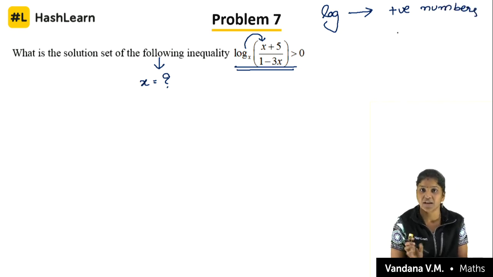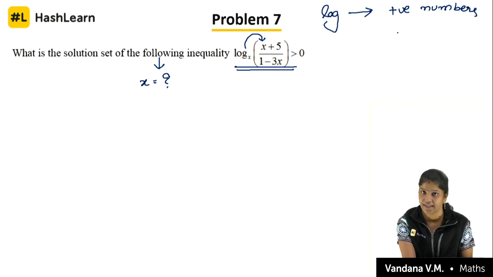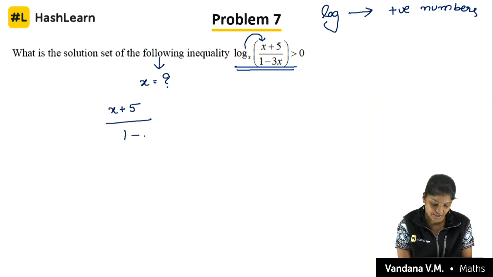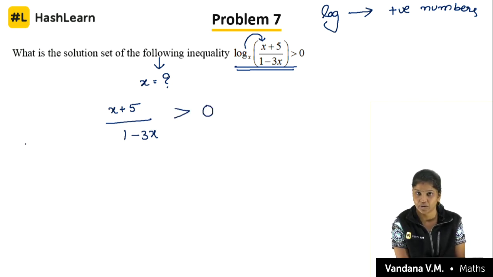Whatever is inside the log must be greater than 0, a positive number. Clear? Okay. Next. (x plus 5) by (1 minus 3x) must be a positive number. From where did I take this? From the definition of logarithmic function.